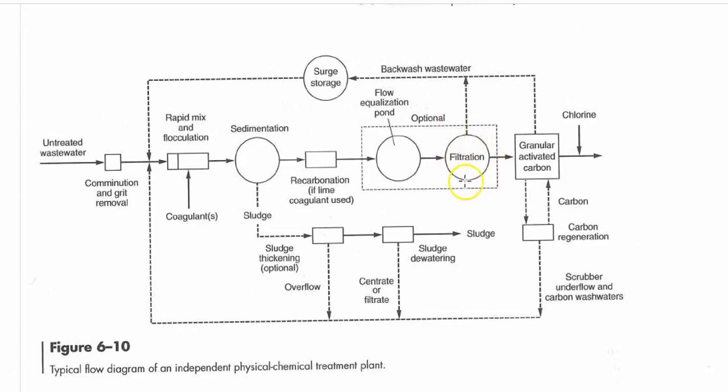But here you also see the filtration, similar to the drinking water plant, where you can use sand filters, for instance. And in this case, they really want to polish it, so they use activated carbon to take out remnants of unwanted chemicals, maybe medication and stuff like that.